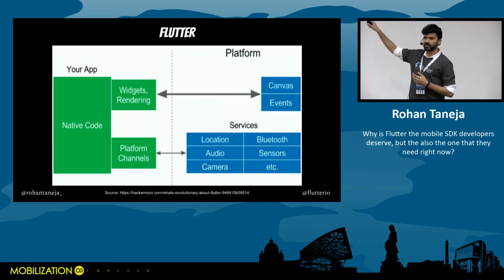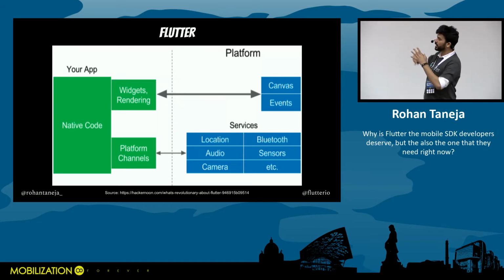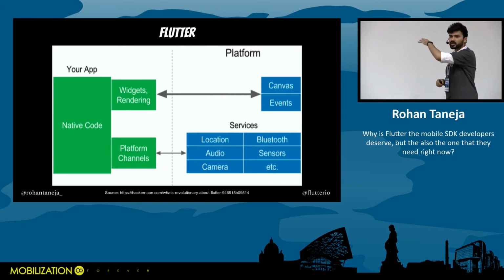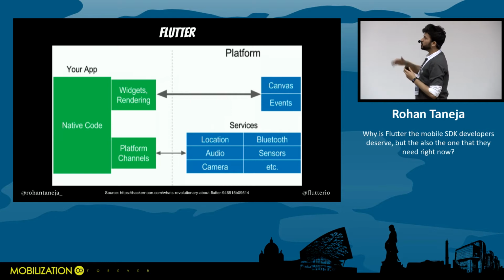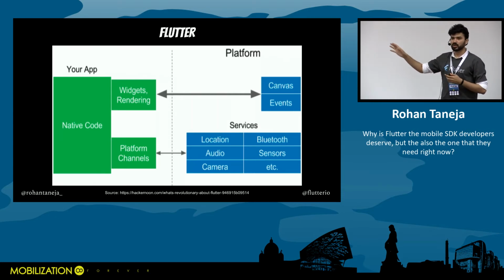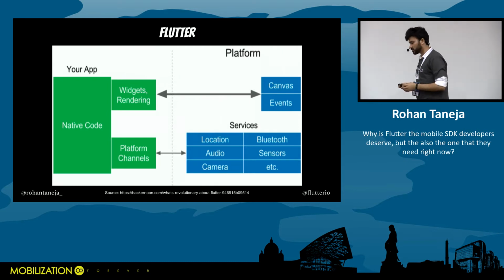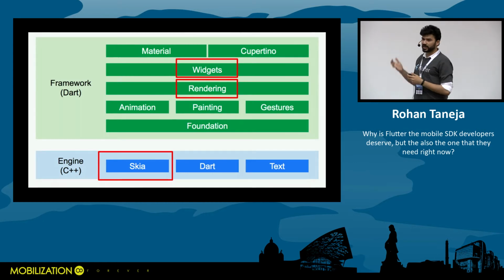You can see that there's no web view, there's no JavaScript bridge, but there's a rendering engine. It directly communicates with native code and prints out everything on the canvas directly. There's no intermediate. Then you have access to platform channels like location, audio, camera, and all that stuff. So no web view, no JavaScript, all those performance issues gone. That's what Flutter is. So you wonder, how does the rendering take place?